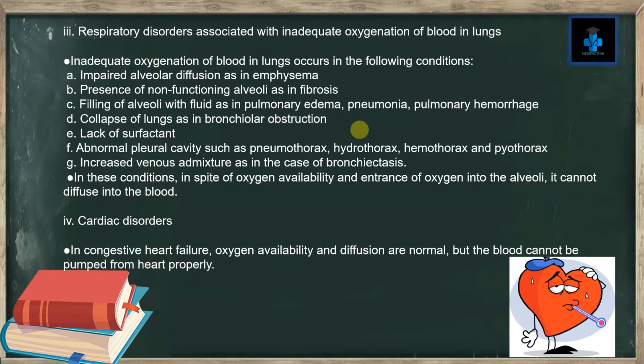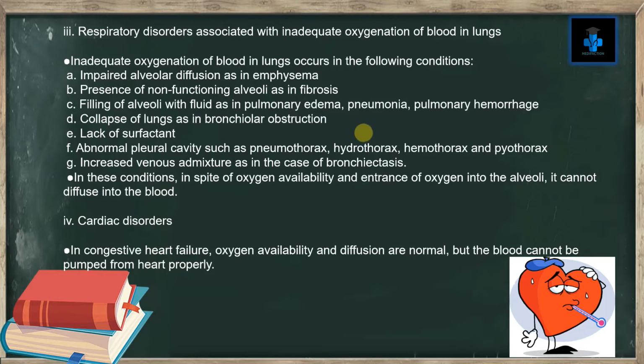E. Lack of surfactant. F. Abnormal pleural cavity such as pneumothorax, hydrothorax, hemothorax, and pyothorax. G. Increased venous admixture as in case of bronchiectasis.